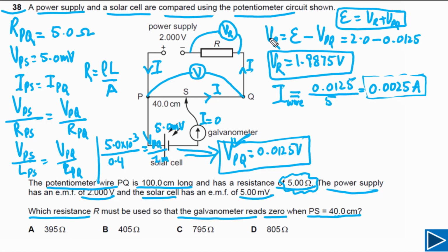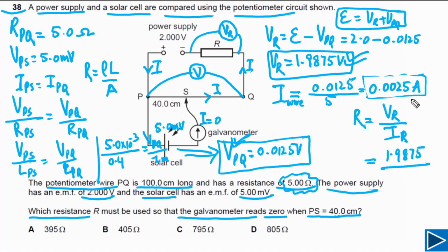And we have the potential difference across this resistor. So simply we can find the resistance of resistor R, which will be equal to the potential difference across resistor R divided by the current passing through resistor R. So VR we have, this is the value of VR, 1.9875.